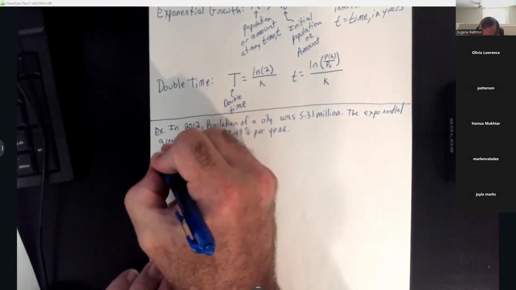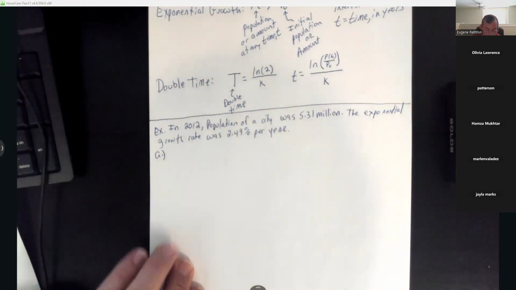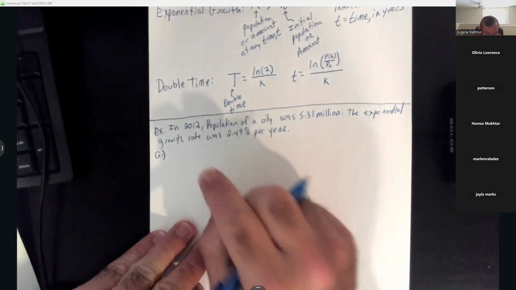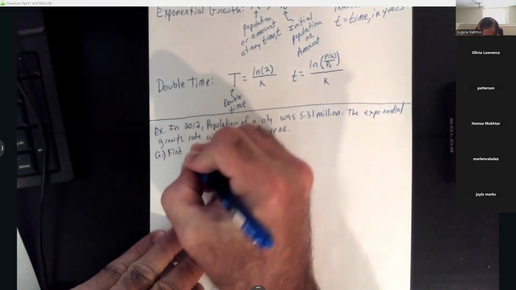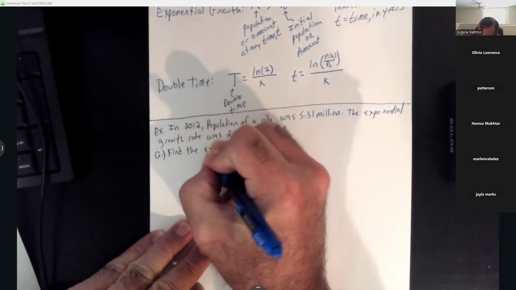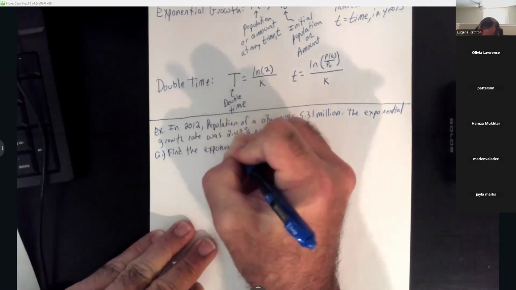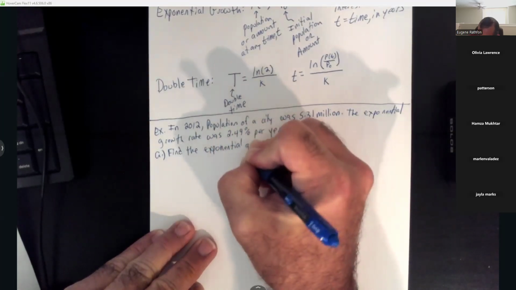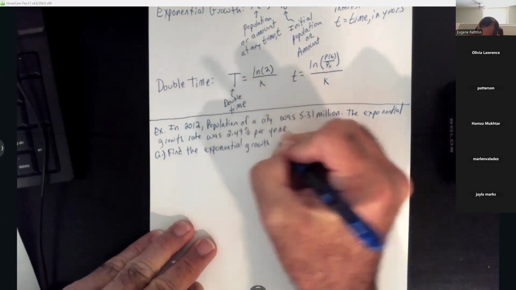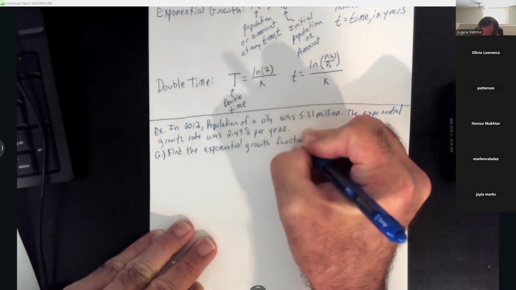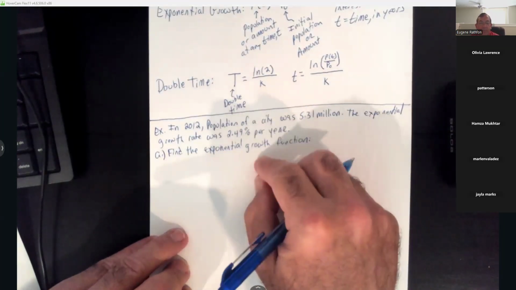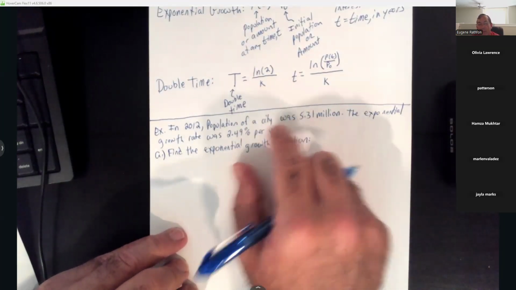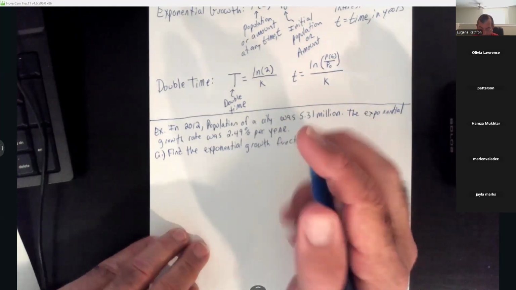So on this one for A, they want me to find the exponential growth function. So basically, you come up with the formula that I would use to find the population at any time t.